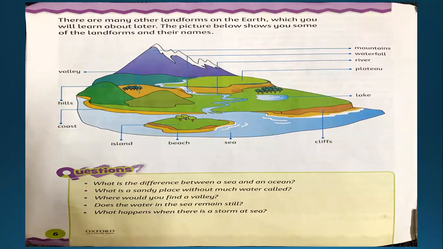Children, I hope you enjoyed this lesson. It's very interesting about the different landforms of our earth, how they look, how many different types of landforms we have in this world, and who created all these different things and these beautiful, worth watching mountains, lakes, rivers.